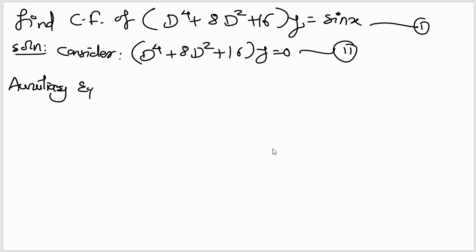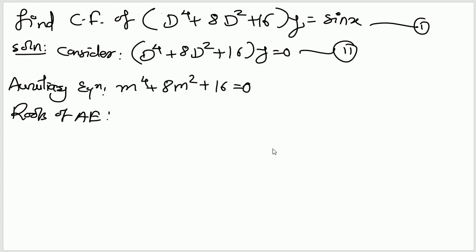So the auxiliary equation is m^4 + 8m^2 + 16 = 0. Next we have to find roots of this auxiliary equation. So how do you find roots here? This will have exactly 4 roots. They may be repeated or distinct roots, but it will have 4 roots because this is 4th degree equation.